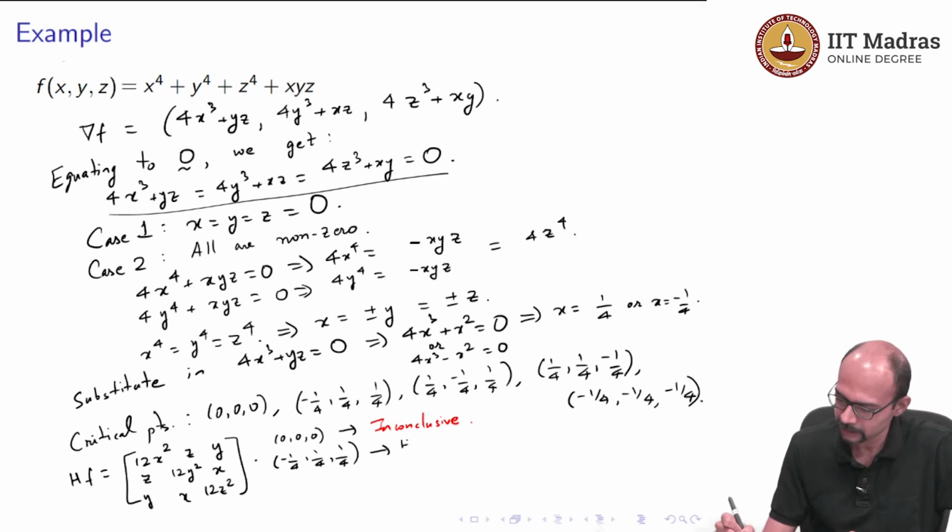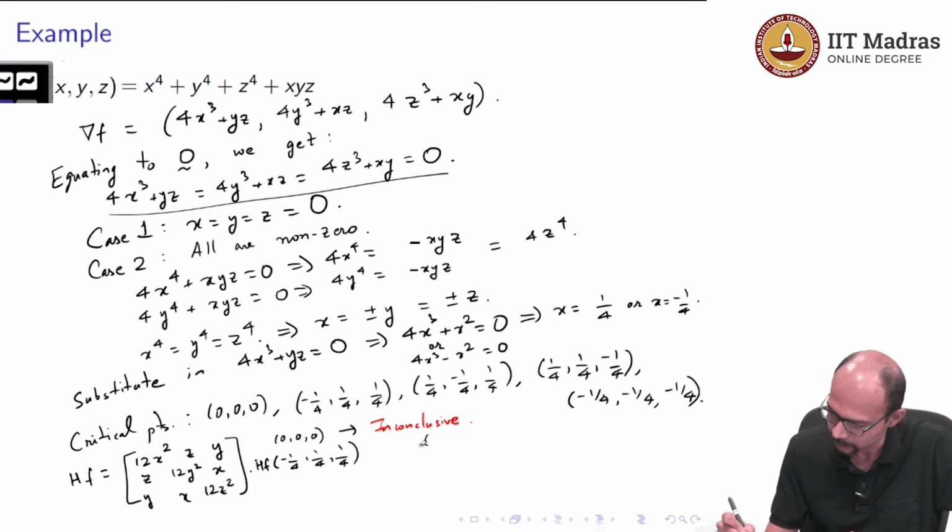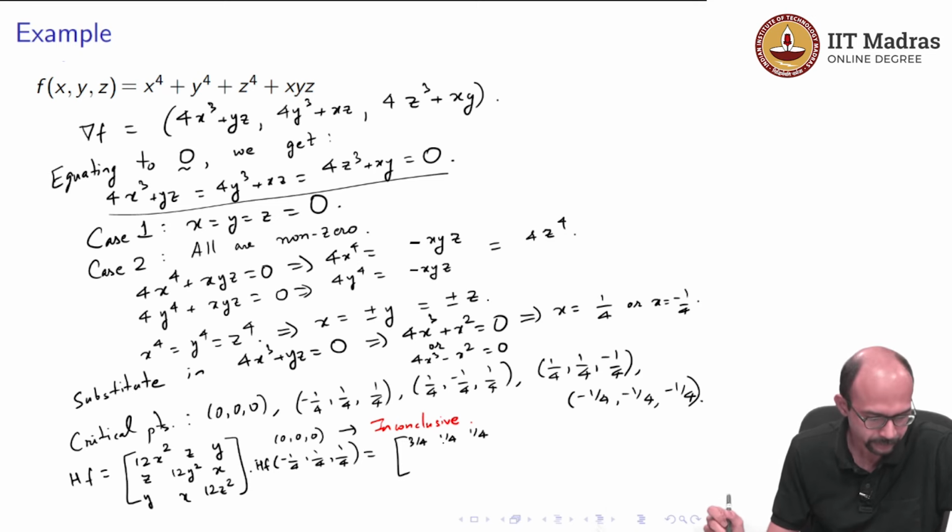In this case the Hessian is, let us write that down, 3/4, 1/4, 1/4; 1/4, 3/4, -1/4; and then 1/4, -1/4, 3/4.